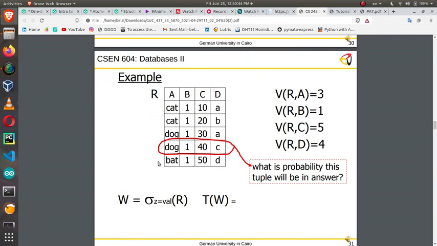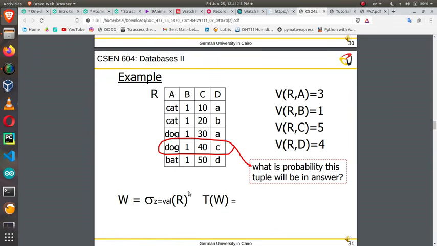This is table R, and we want to select all tuples with column Z equal value. Okay, so what is the probability that this tuple will be the answer or will belong to the result set? Okay, the probability or the chance is 1 over all of the distinct values.